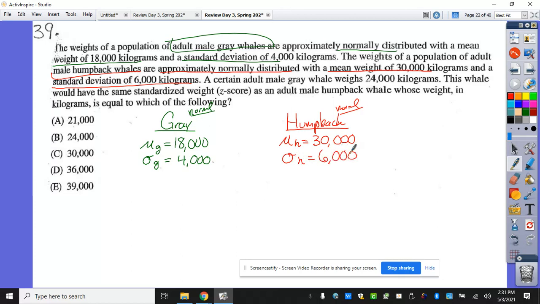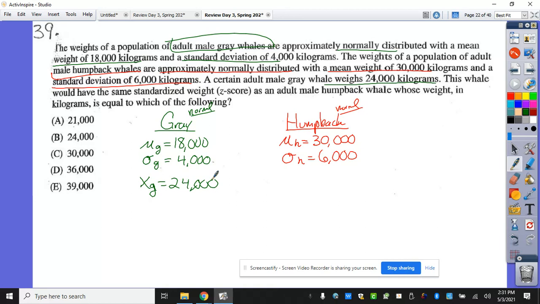A certain adult male gray whale, so I'm back in this column again, has a weight of 24,000. So this one value is 24,000. This is where the problem gives me more than I've seen it before.